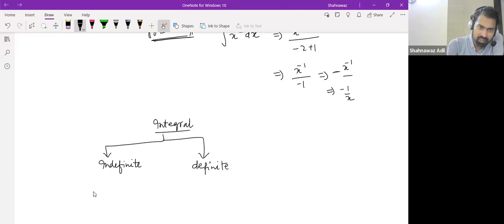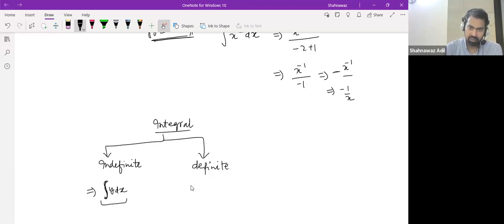So you see that this is the integral of y, and whenever you have this kind of integral, it is called the indefinite one.